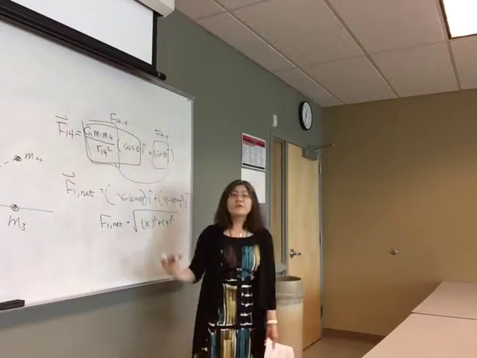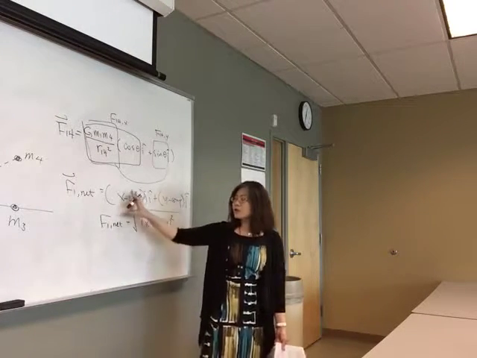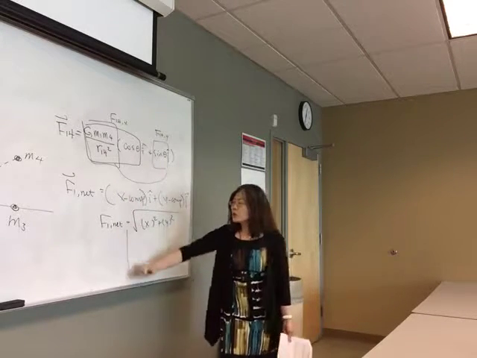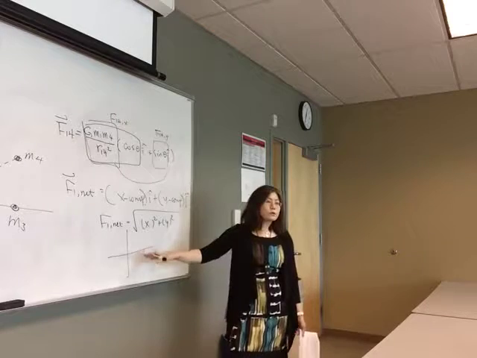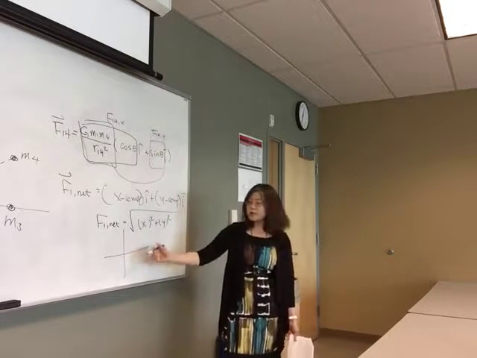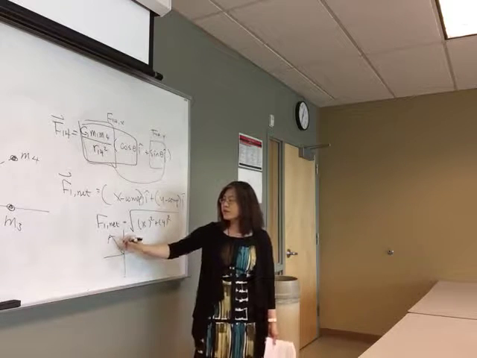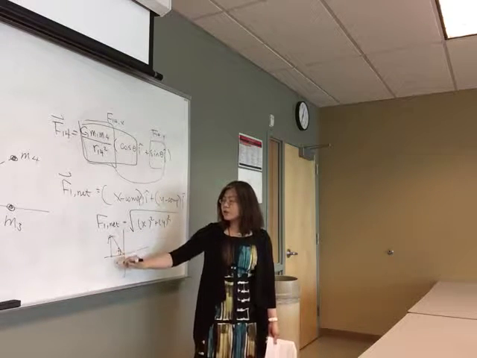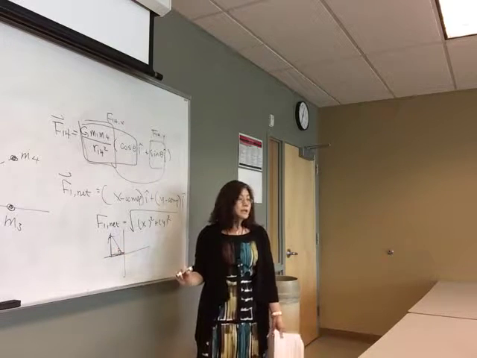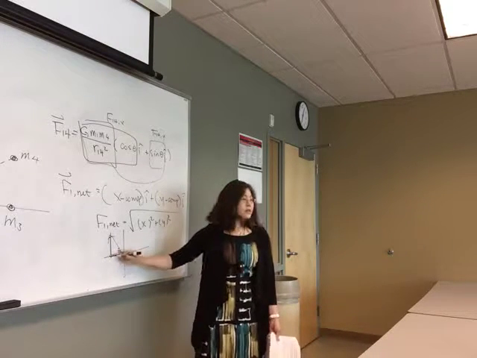To find the angle, you don't just use the y component over the x component. What you want to do is draw this vector on your x and y axes to see which quadrant it is pointing to. Then you can define your angle theta, and tangent theta will be opposite over adjacent.